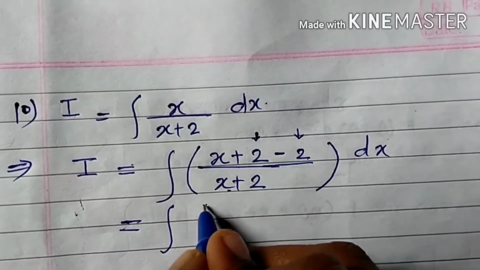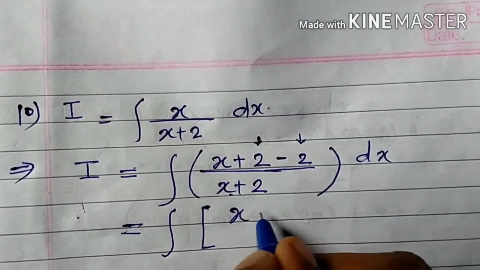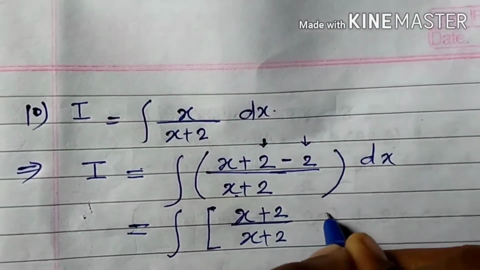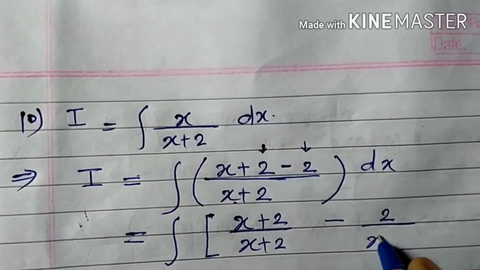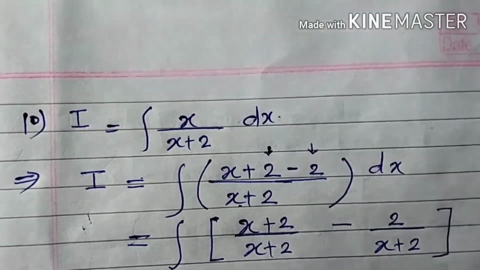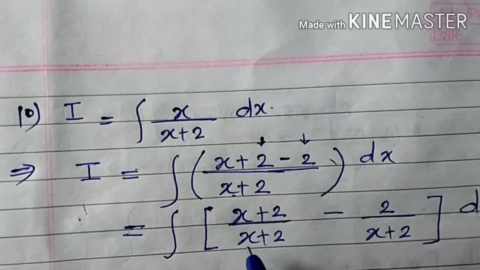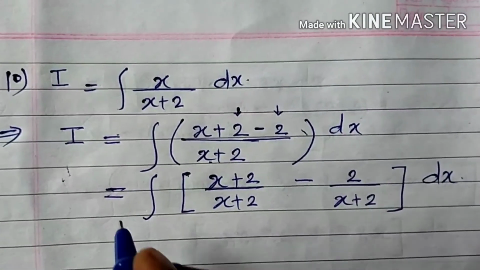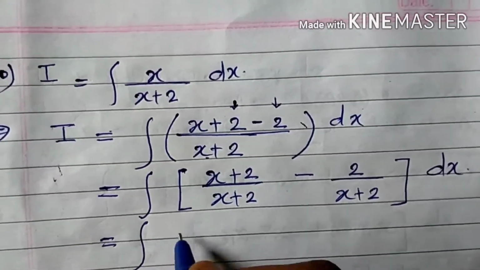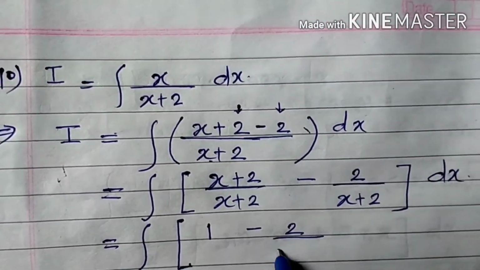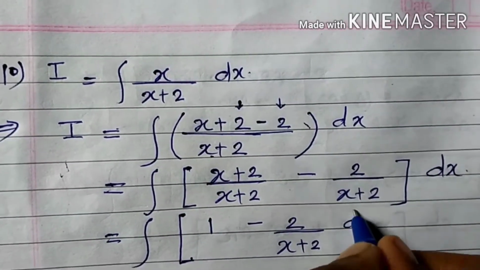Now separate the integration. Separate this: x plus 2 upon x plus 2 minus 2 upon x plus 2. This is the adjustment to solve this type of sum. So it will become 1 minus 2 upon x plus 2 dx.